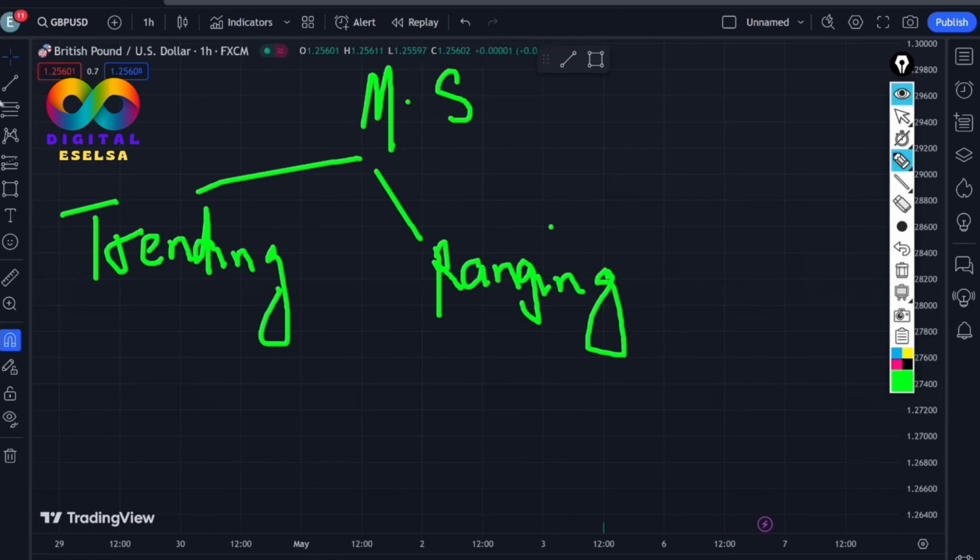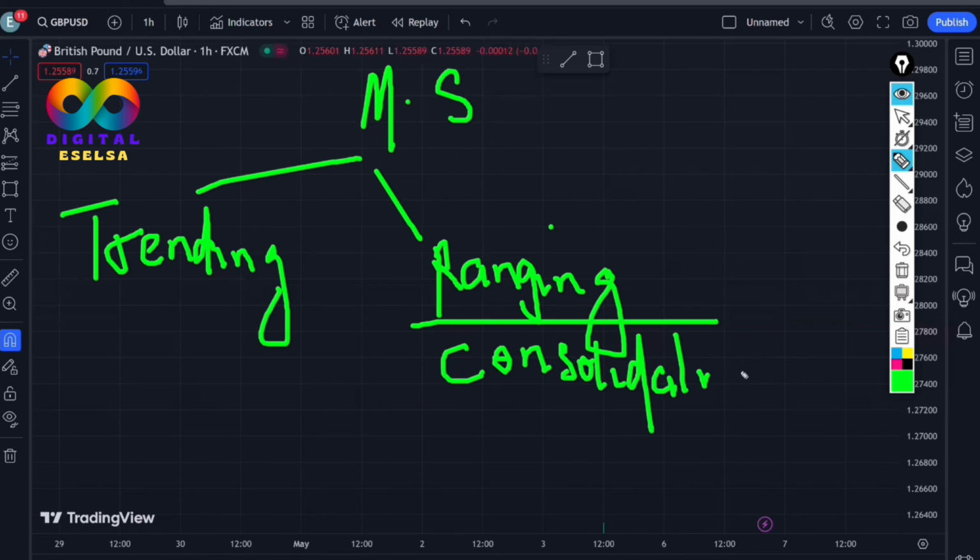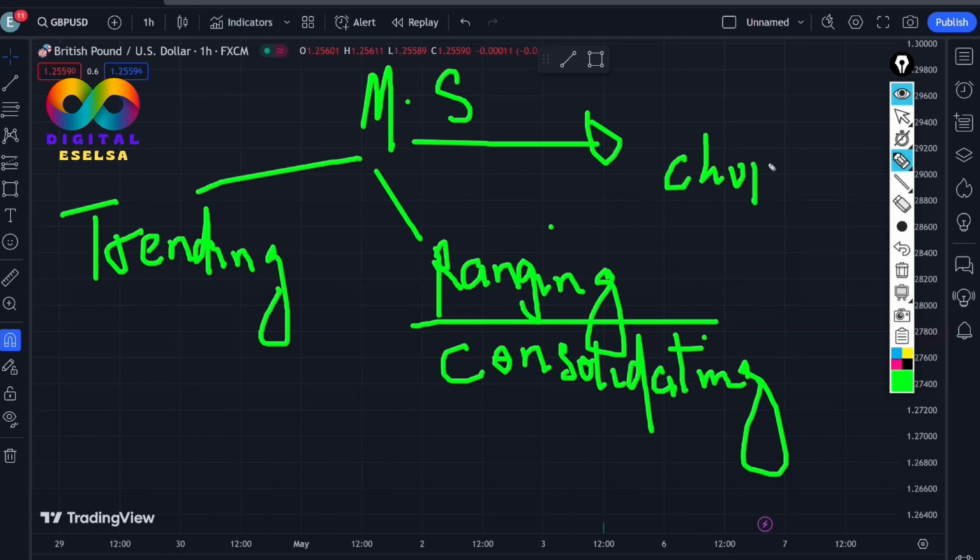This is the first step for every analysis. The first step you must be able to take is understanding the structure of the market at that particular point in time, or at that particular time frame, or maybe the market is choppy. We don't even talk much about choppy markets because we don't trade them. If the market is choppy, we just avoid it.